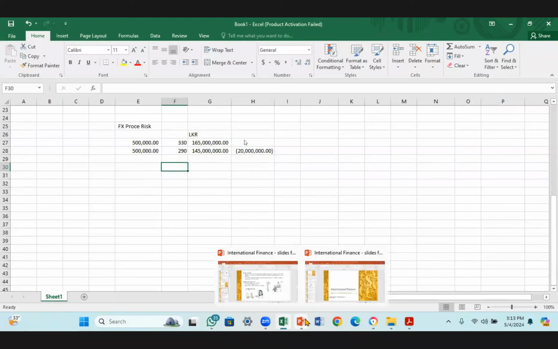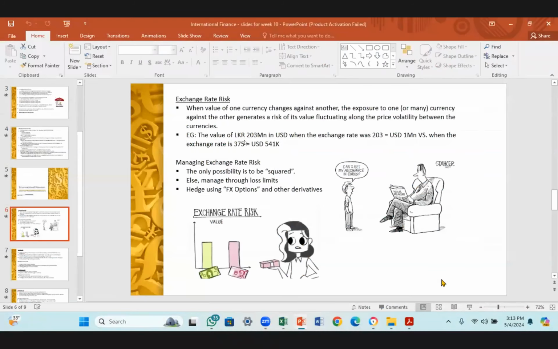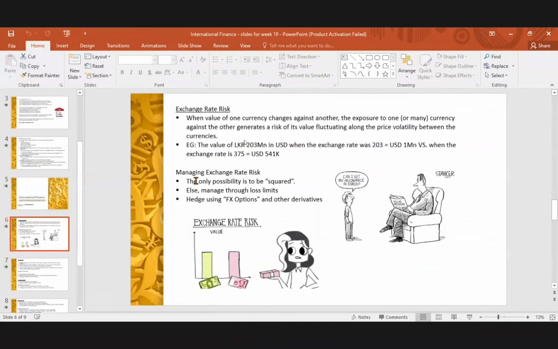Similarly, now we'll go back to our presentation. Banks also face this risk in a similar manner.